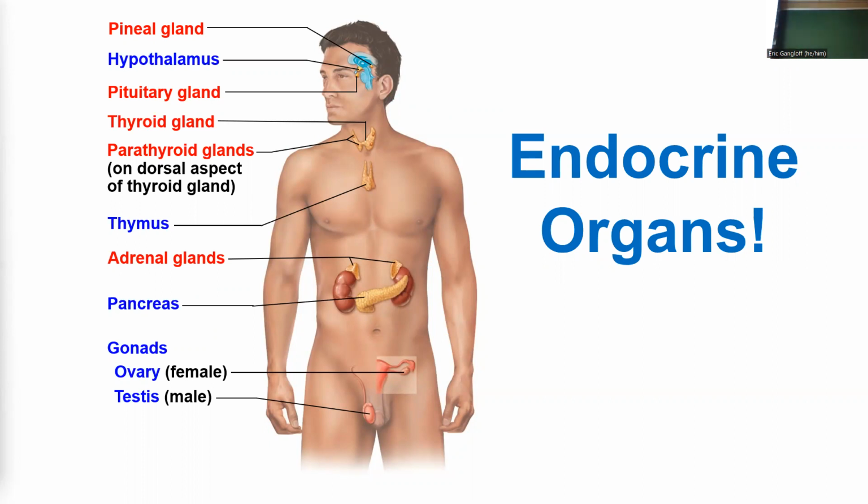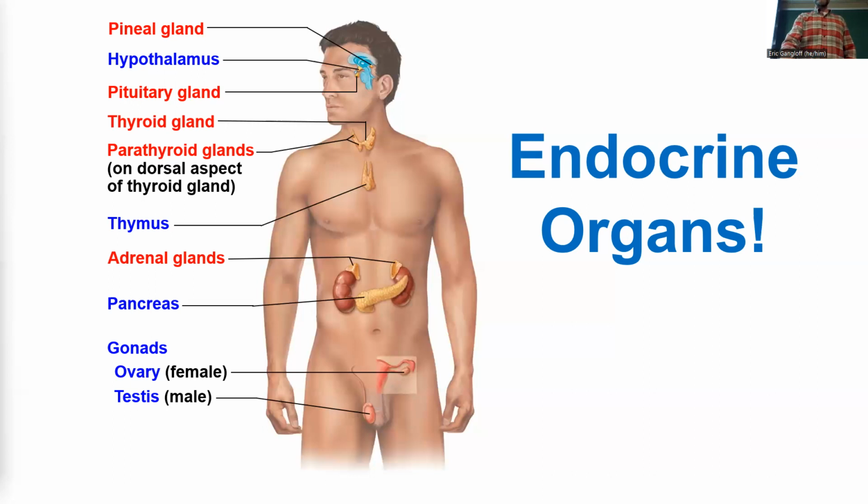The thymus, of course, plays an endocrine role and is important for your immune system, etc. So the takeaway message from here is I want you to know the names and locations and general roles of all these structures, and also know that the endocrine system is highly integrated with other systems in the body in its role of regulating the functions of those systems.